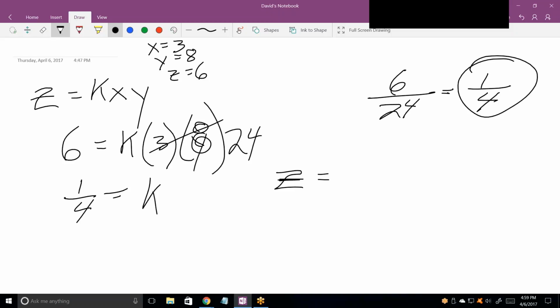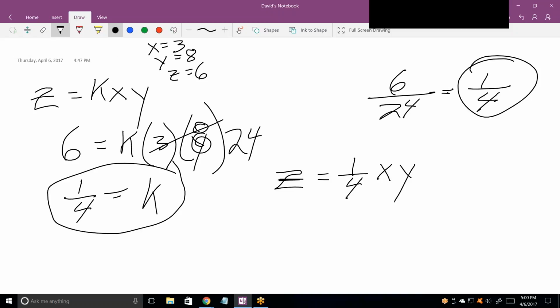z equals 1/4 times x times y. Remember what the problem said: z varies jointly with x and y. So the only purpose of the first part of this problem was to solve for k. Once you solve for k, you have the specific formula that applies to this situation.